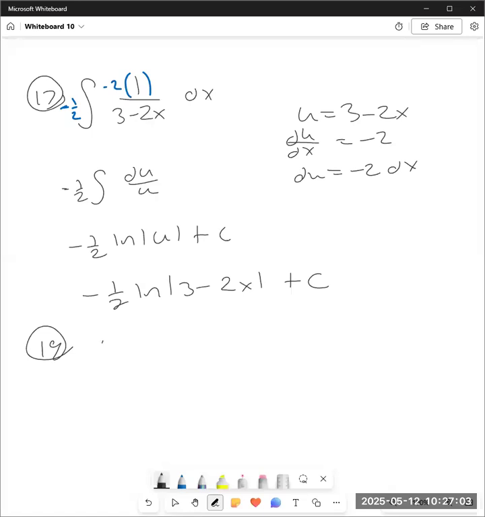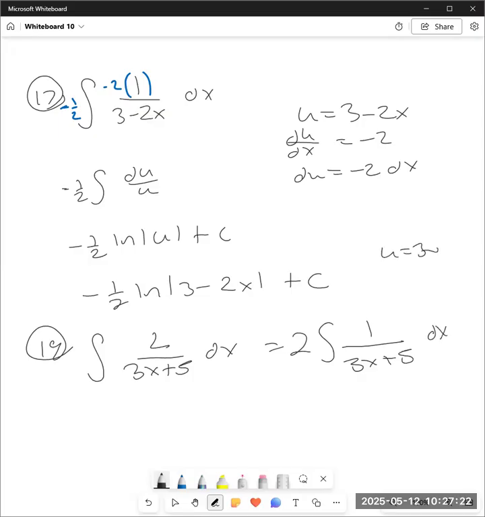19, the integral of 2 over 3x plus 5 dx. So that 2 is not helpful to me. Make u equal to 3x plus 5. Du dx is 3. Du is 3 dx.